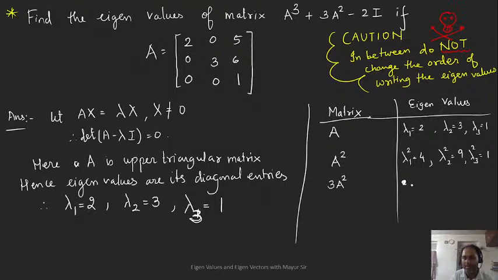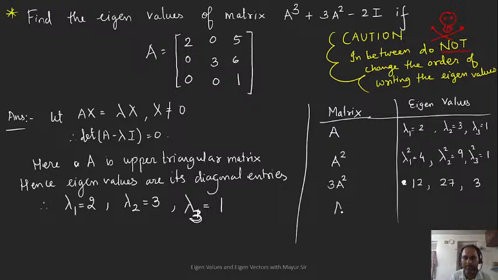So lambda here is going to be 3 into 4, so it is 12. Then we multiply 3 to 9, so 3 and 9 will give you 27. Here it gives you 3. What about A cube?